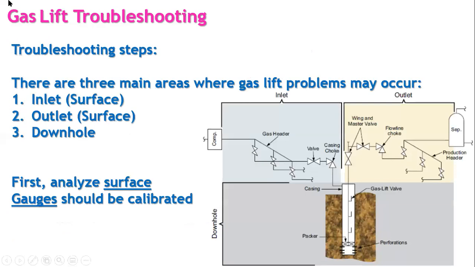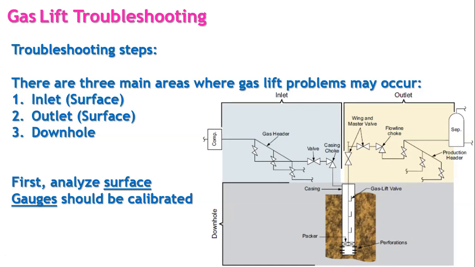The troubleshooting steps we have here show 3 main areas where the gas leak problems may occur. The inlet is the system, the gas heater, and the valves up to the casing, from the compressor to the casing. This is the inlet. The outlet is from the master valve or the wing valve down to the separator.